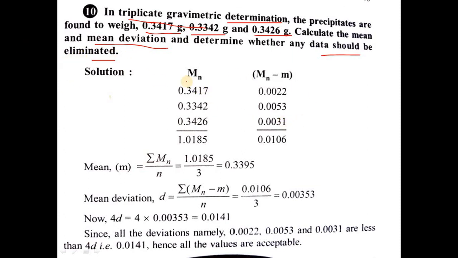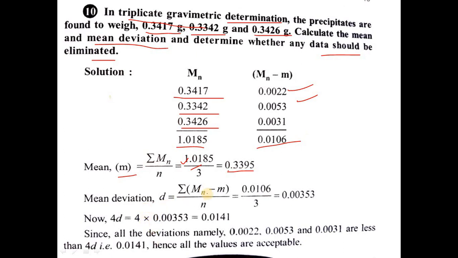So the number of observations: first 0.3417, 0.3342, 0.3426, the summation is 1.0185, and the deviation is from the mean of all the values, because first we calculate the mean, the summation of all divided by 3, 0.3395, and from the deviations we get these values, and their summation is 0.0106.